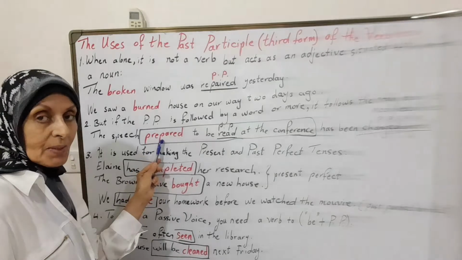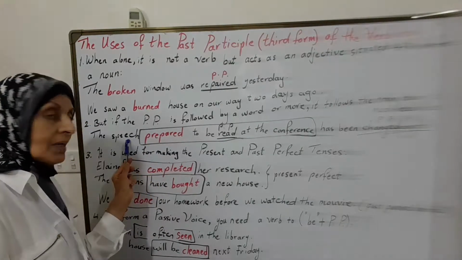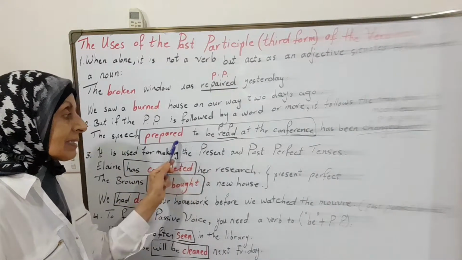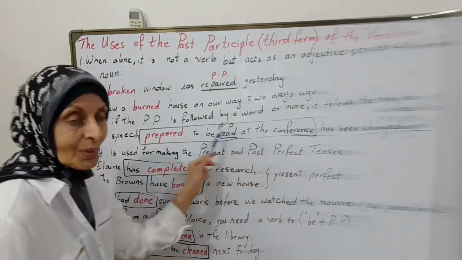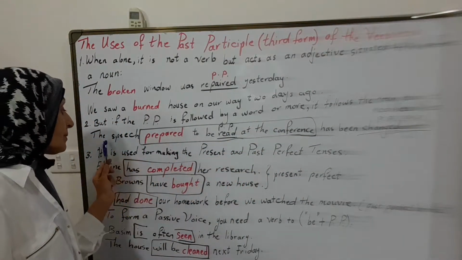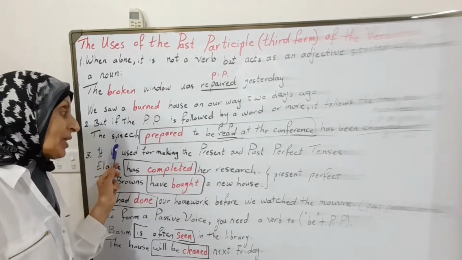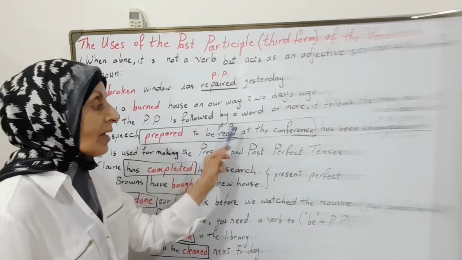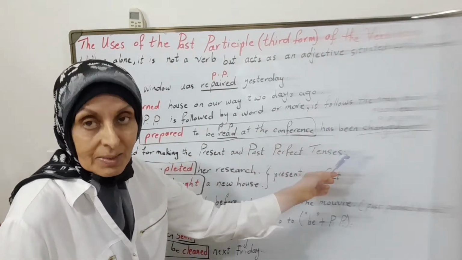Here is a past participle. It follows the noun it modifies because it is stuck to other words in the phrase. This is a phrase. So you can either say the speech which is or which was prepared to be read at the conference has been changed.